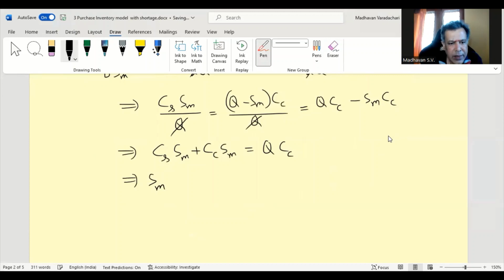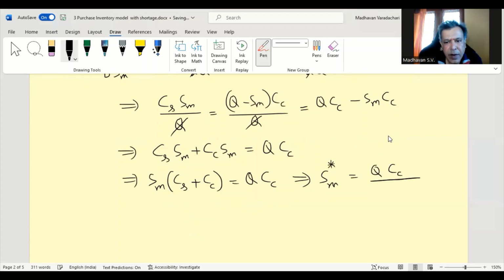We will have Sm times Cs plus Cc is equal to Q times Cc, which means our Sm, which is now optimal because we already differentiated and found out, Sm star will be Q times Cc divided by Cs plus Cc. So that will become your optimal maximum shortage for this particular model.